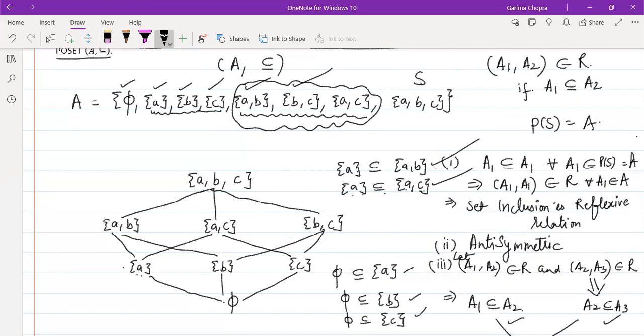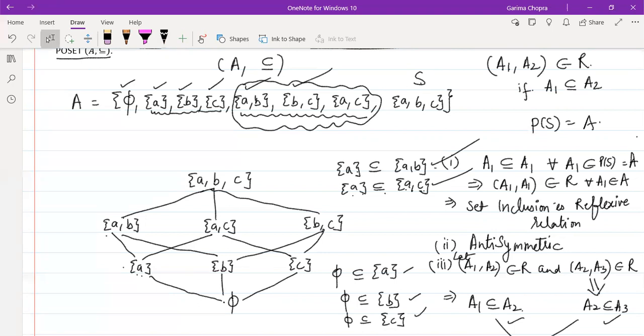From the singleton set A to the set having two elements AB, we have again an edge. Then from the set AB to the set having three elements ABC, again we have an edge. So when we move in the upward direction, we have connectivity from phi to the set ABC, the set S. So this will be the Hasse diagram for the poset A equipped with the set inclusion relation.